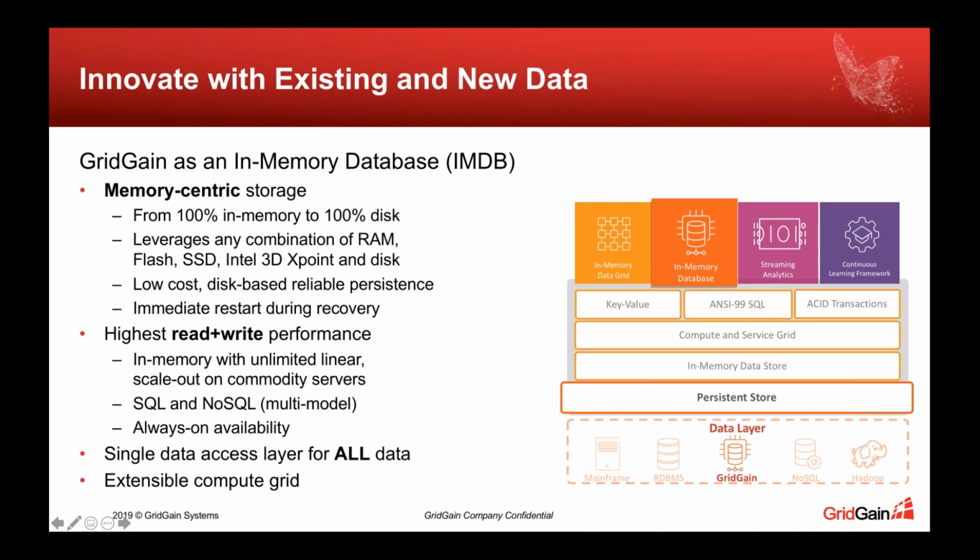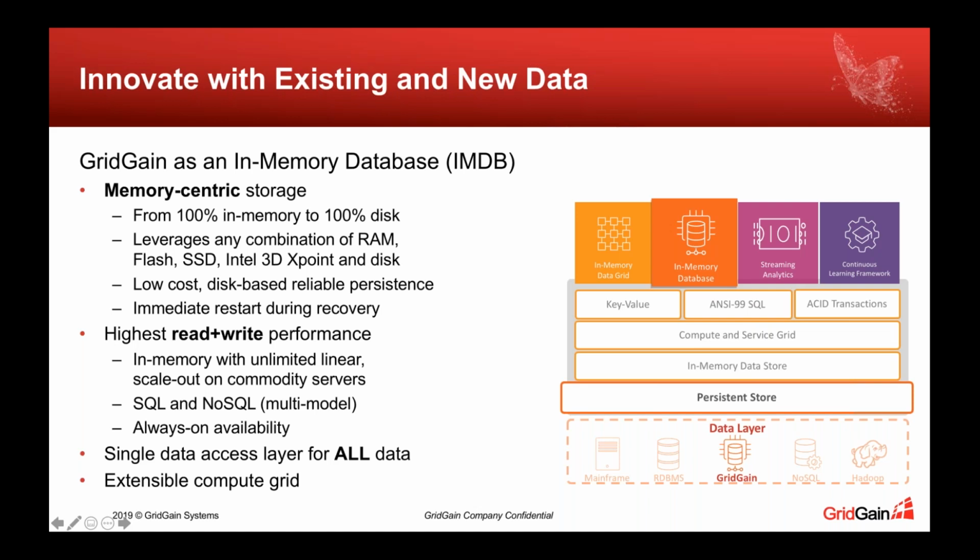With in-memory database support, you can actually turn on the persistent store at any time with the memory data grid, and start to keep 0 to 100% of the data in memory, and 100% on disk, and that's SSD or flash or whatever you want to use to persist the data.